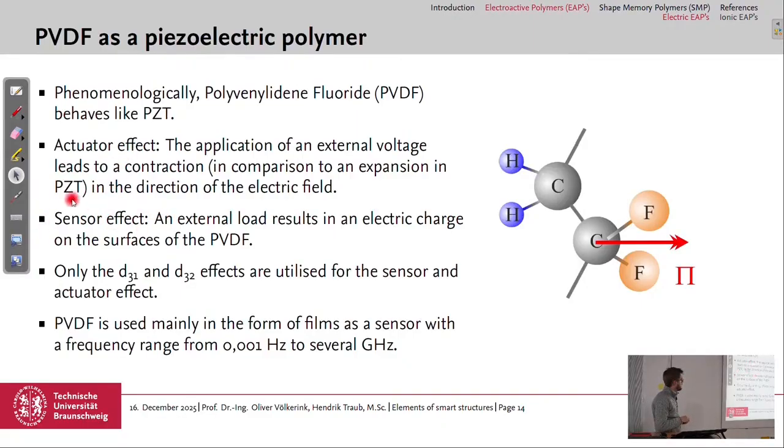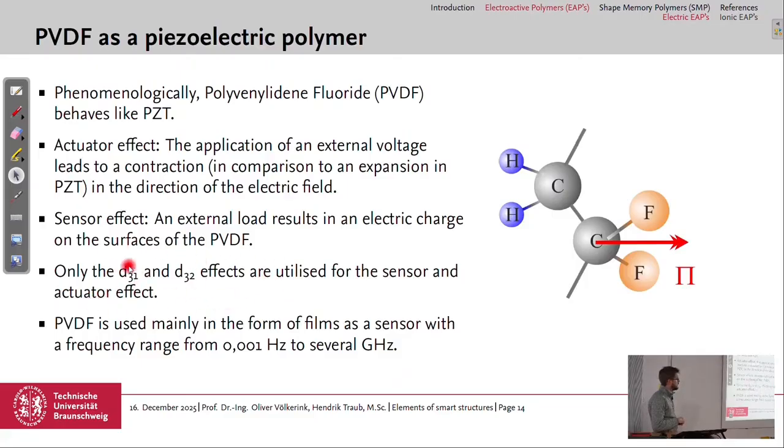But most of the time it is used as a sensor. So we use the sensor effect, and then an external load results in an electric charge on the surface of the PVDF, like the piezoceramic. And we only use the d31 and the d32 effects for sensor and actuator effects.